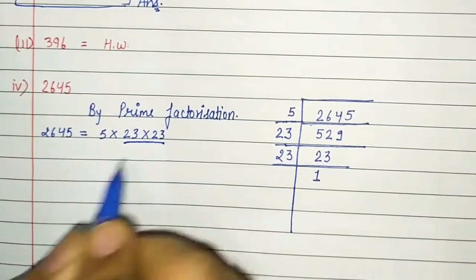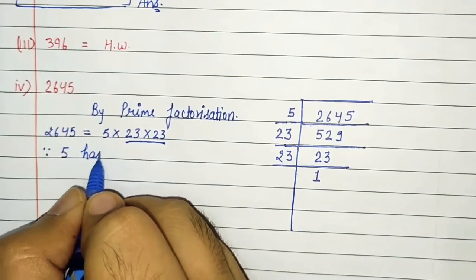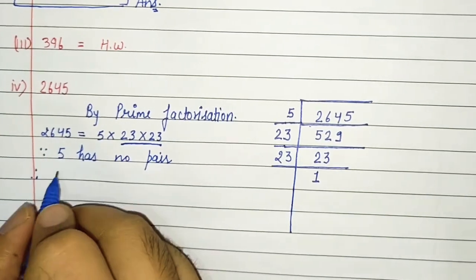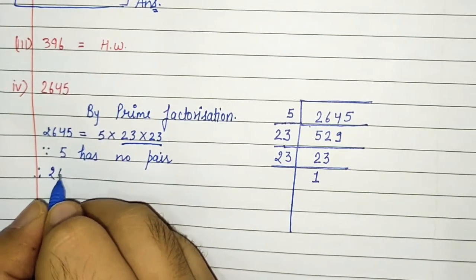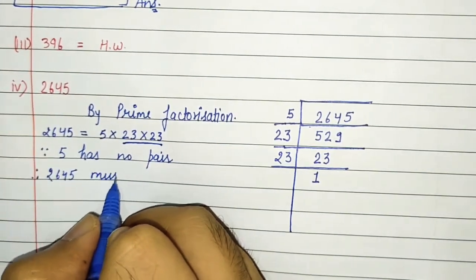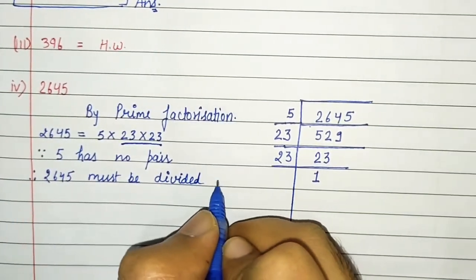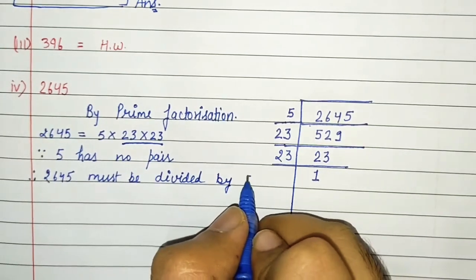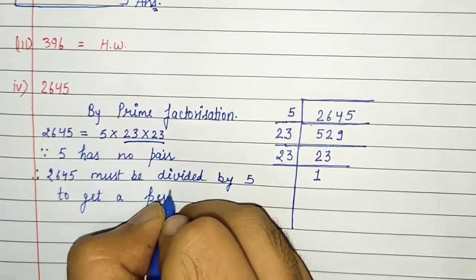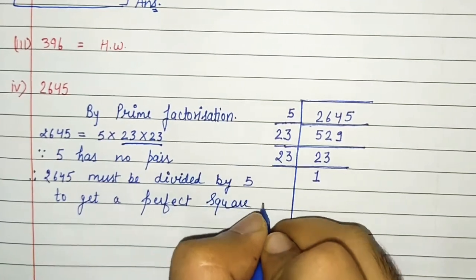If you check, 23 has the pair, because 5 has no pair, therefore this number must be divided by 5 to get a perfect square number.